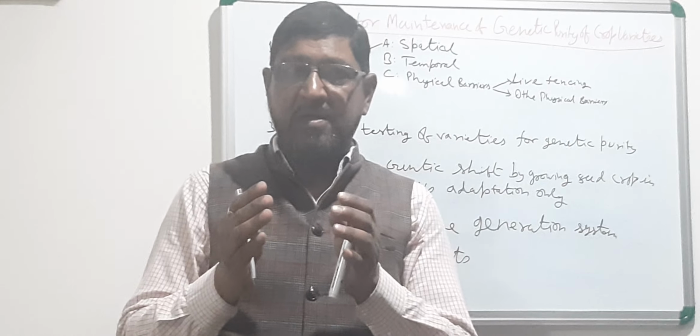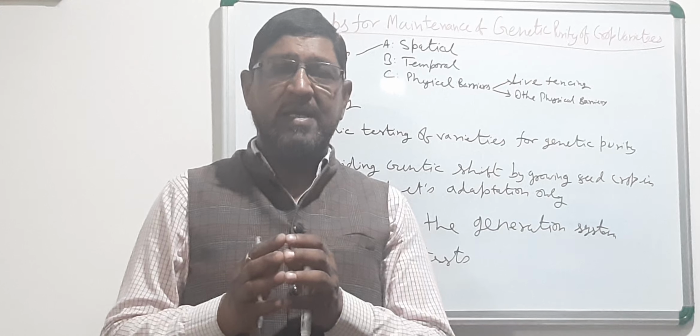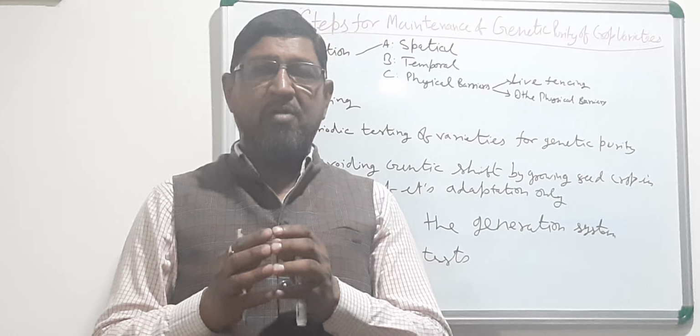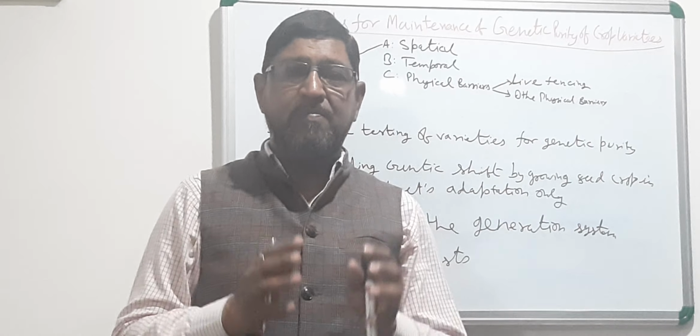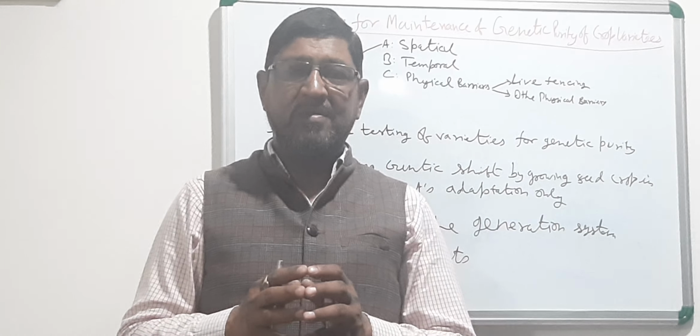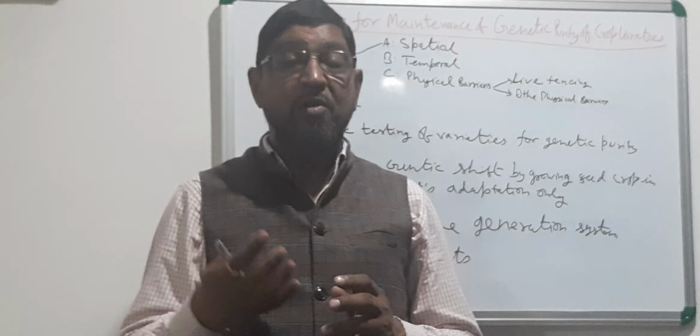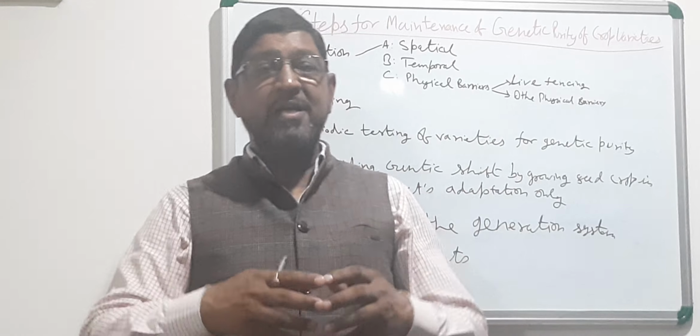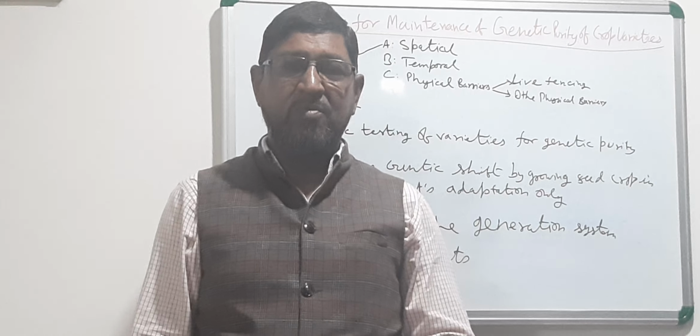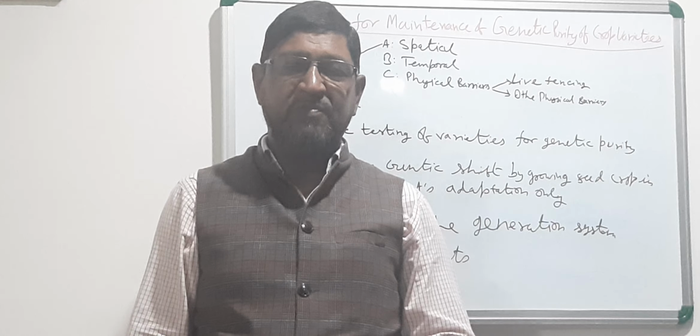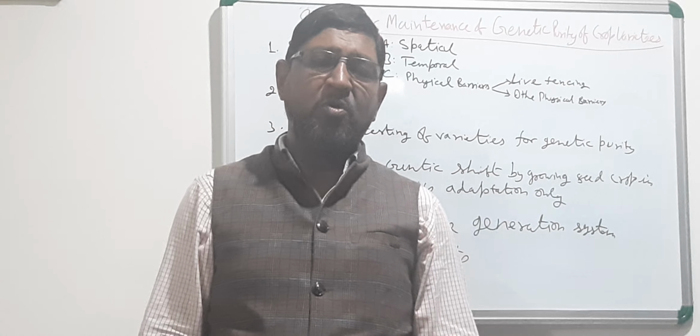Then for genetic purity, you have to go for roguing. Roguing is the process of identifying the off type plants, or unwanted plants, and removing them from your seed field. This is called roguing.